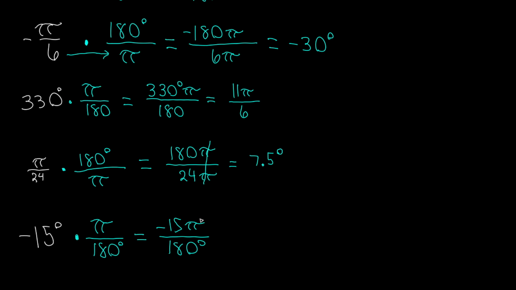How many times does 15 go into 180? 12 times. So we're left with negative pi over 12 radians.